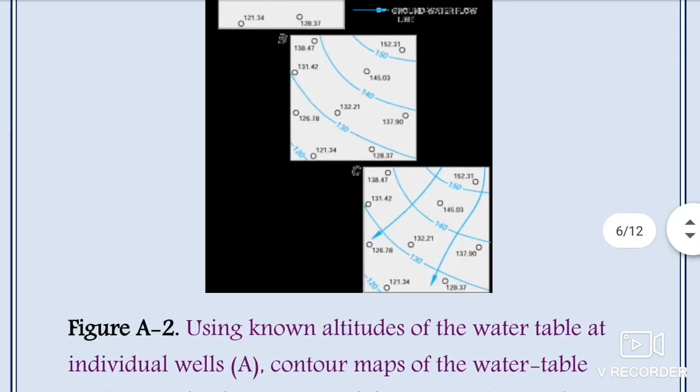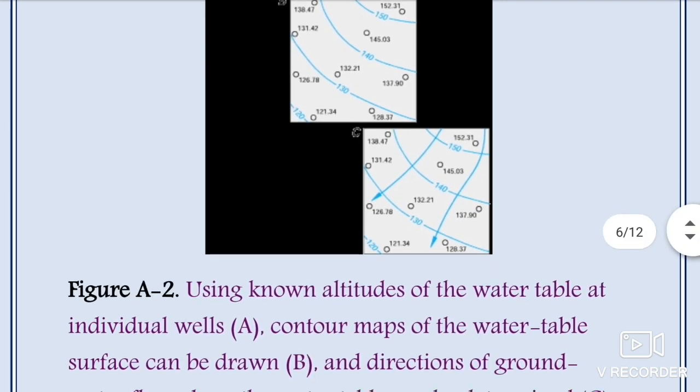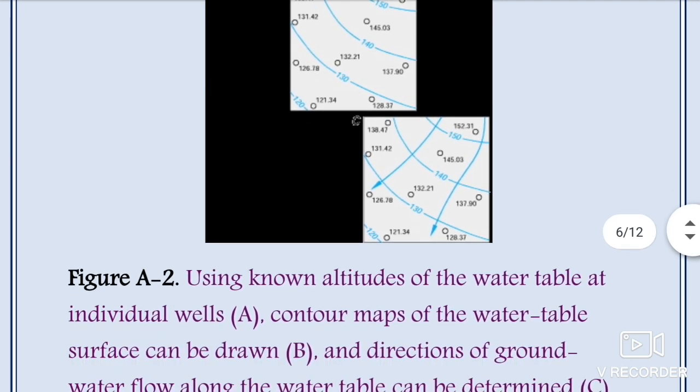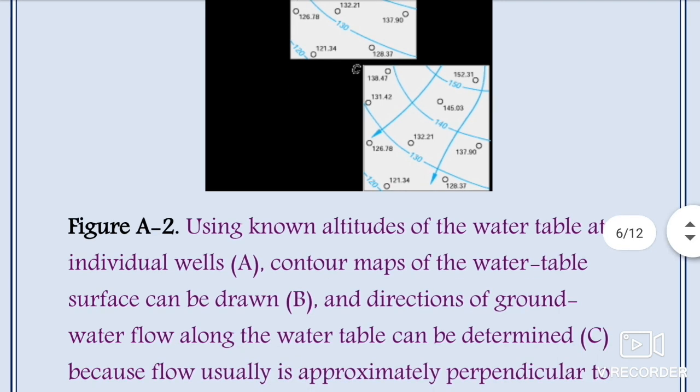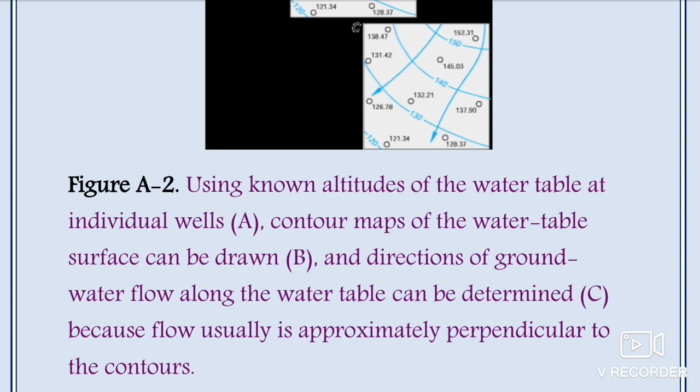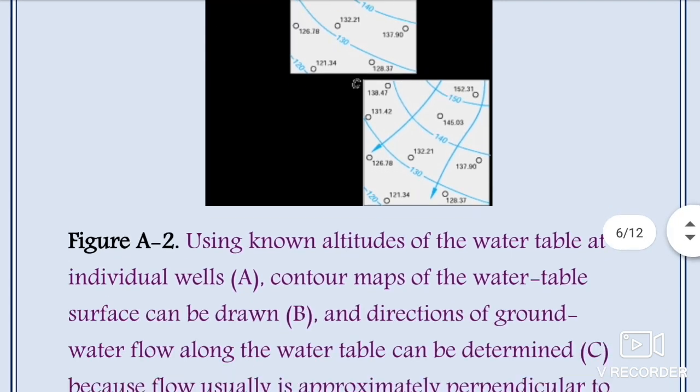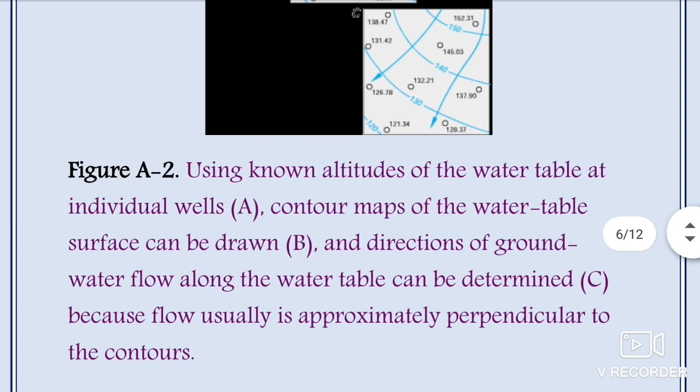So firstly we go for the water table at individual wells, the wells where they have been dug, then the contour mapping of the water table surface can be drawn, and subsequently the direction of groundwater flow, which is the motive behind the construction of these maps, can also be recognized. The flow is usually approximately perpendicular to the contours.